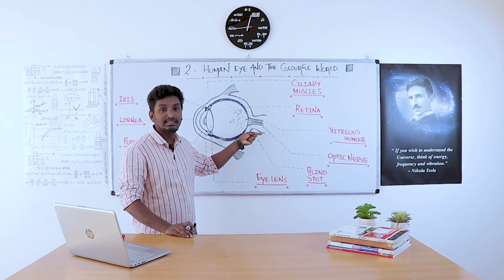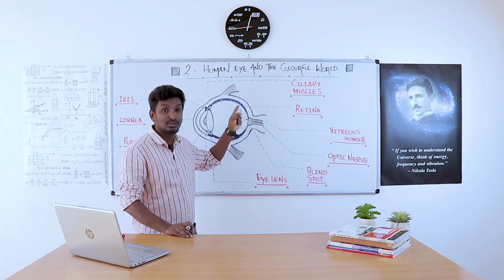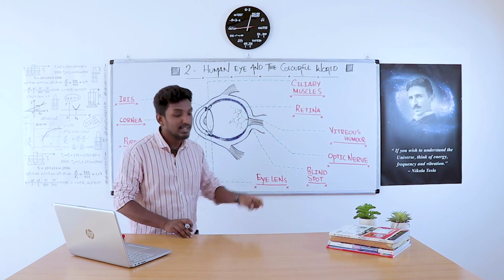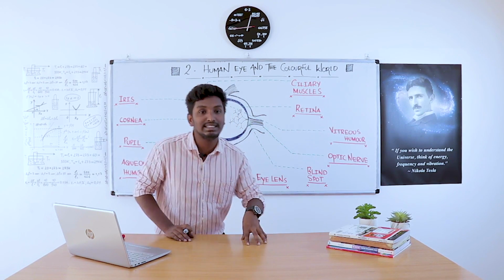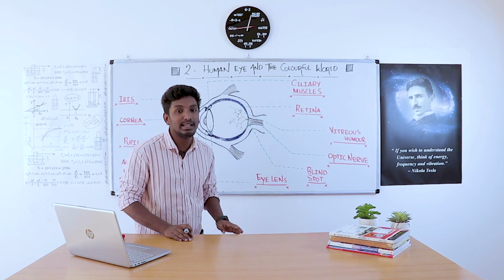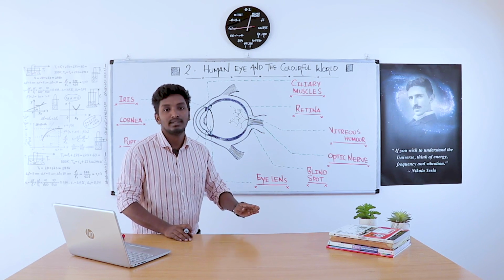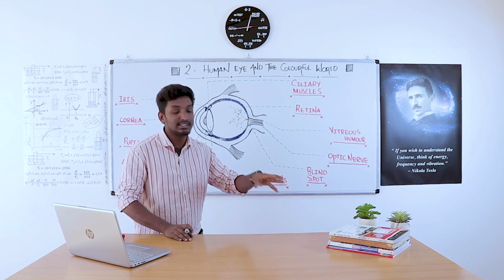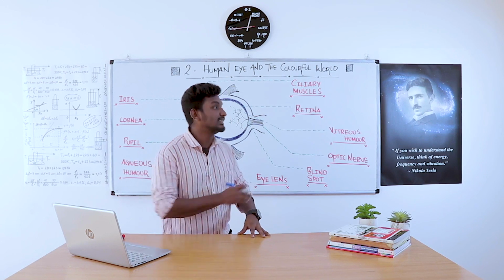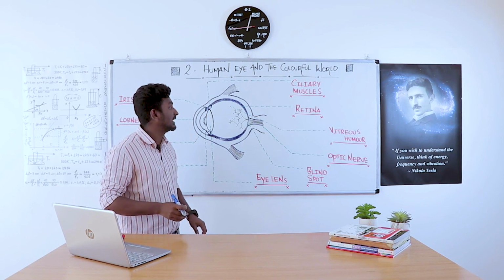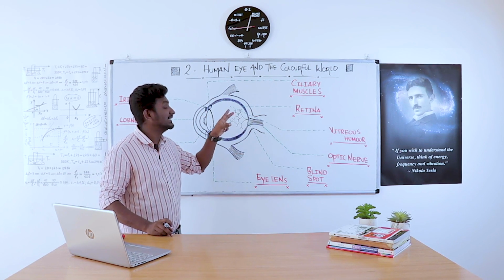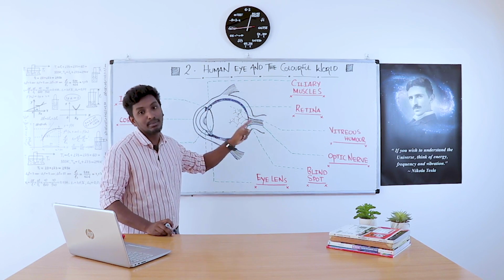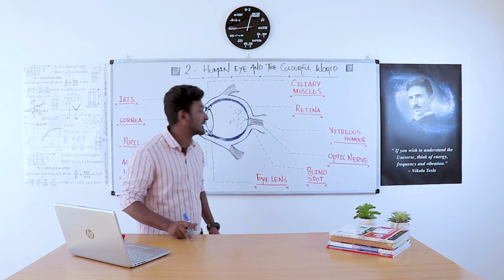This image is transmitted to the brain through the optic nerve in the form of electrical signals. The image cannot be sent to the brain as an image. So the function of the optic nerve is to carry the image from the retina to the brain in the form of electrical signals.